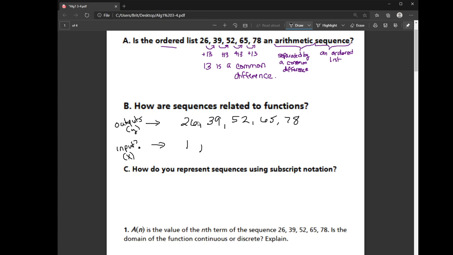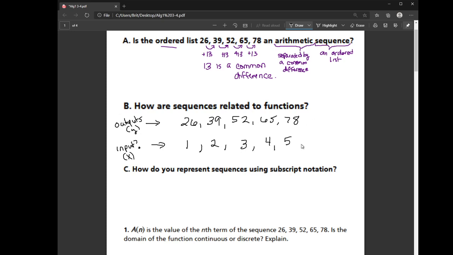This 39 is in second place in the line. This 52 is in third place, the 65 is in fourth, and the 78 is in fifth. So my input for my function is the position of the number in the line.